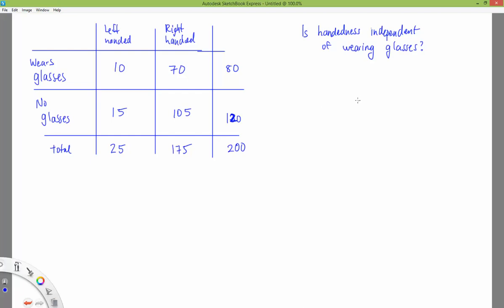Okay, well, maybe we can say yes or no right off the bat, but if we wanted to show the math, what things should be equal? If they are independent, what should be equal? We would ask what percentage of glasses wearers are left-handed.